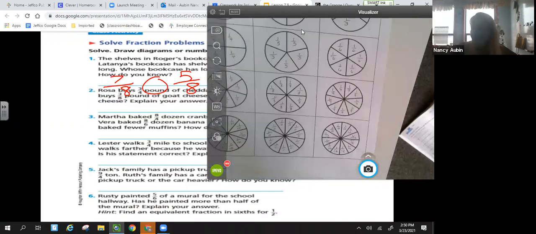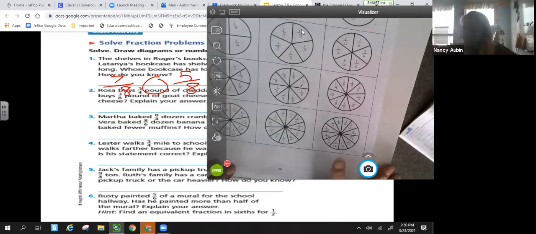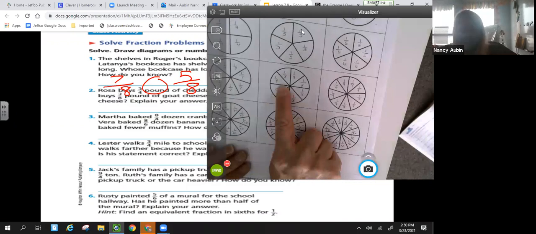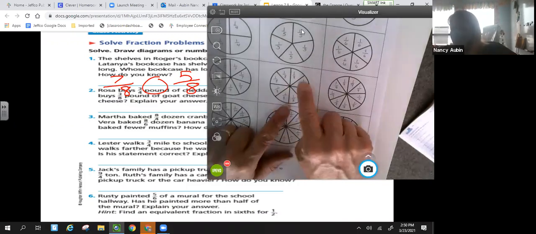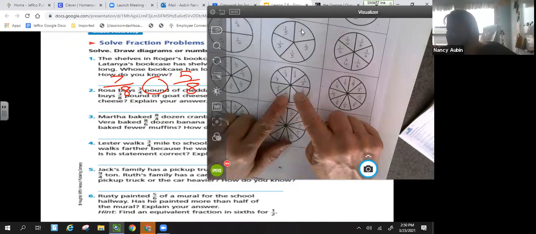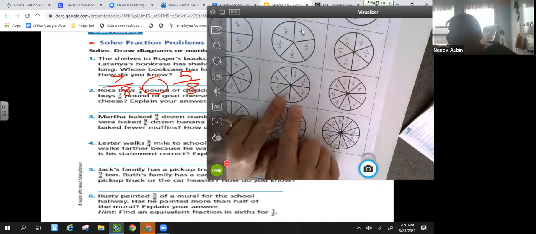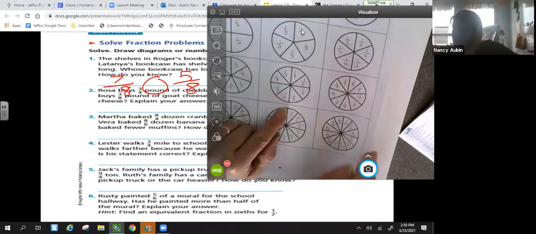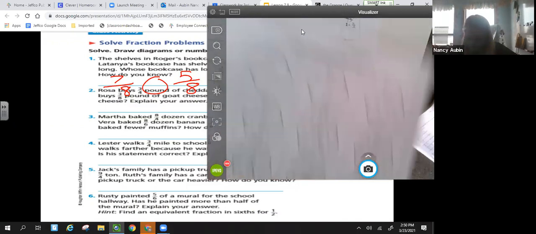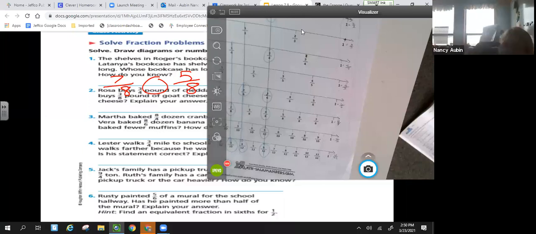Let's look at the fraction circle. If I had 5/8, that would be 1, 2, 3, 4, 5. If I had 7, I would have more of the cookie, wouldn't I? So even looking at fraction circles, I could see 7/8 would be greater. So whose is longer, August?